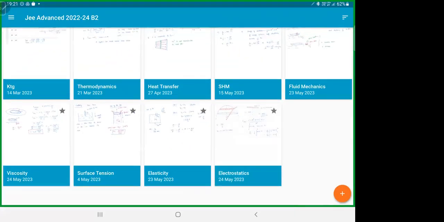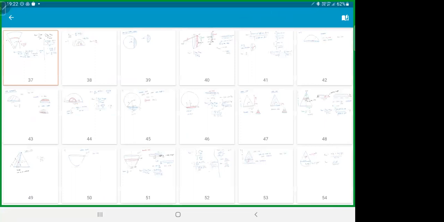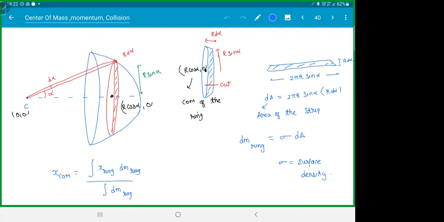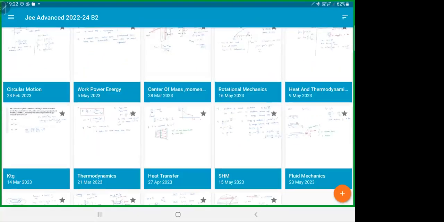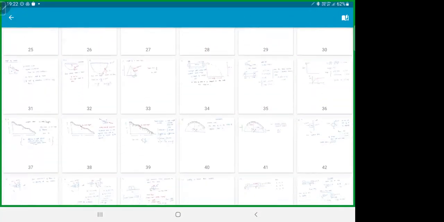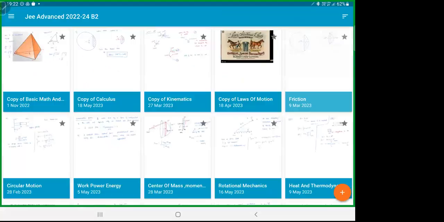This is electrostatics. Center of mass: here, exact same question, part of a hollow sphere. You choose an element. Friction: you will keep encountering this. Part of a sphere, quite an important result.